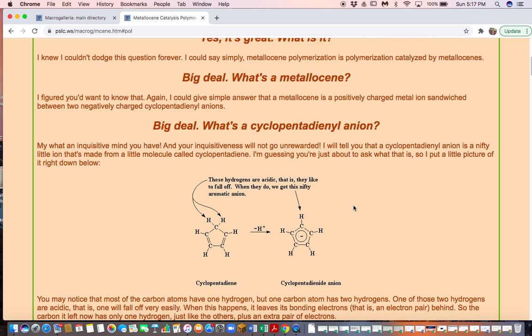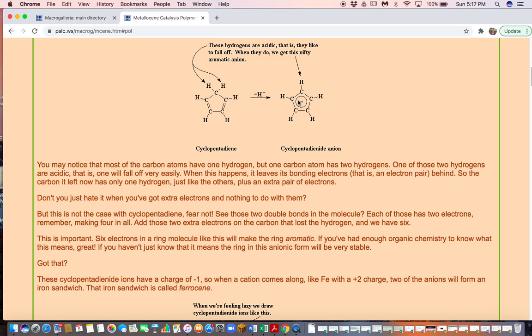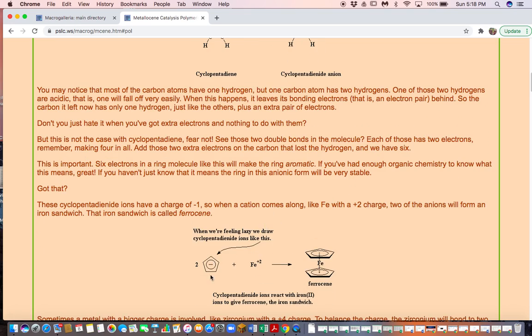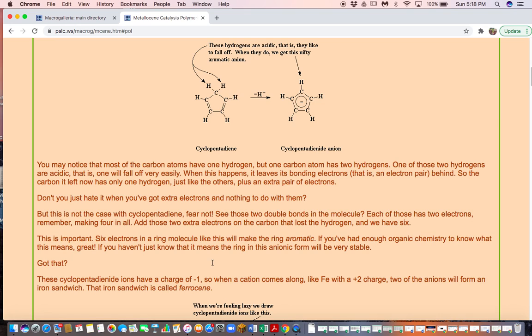Well, if you take 2 of these, you can take 2 cyclopentadienyl anions, and if you have the right metal atom, you can make a sandwich with them. Literally, just very analogous to a sandwich where you have bread, meat, bread. Well, the bread here is going to be 2 cyclopentadienyl anions, like this, and a metal ion that can form complexes with each of the negatively charged rings, right?